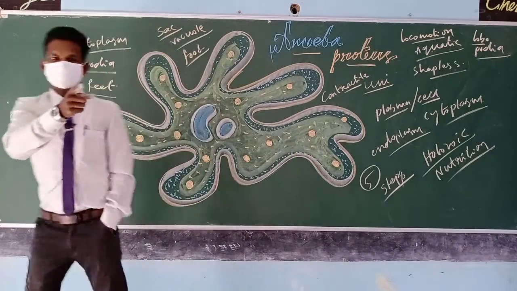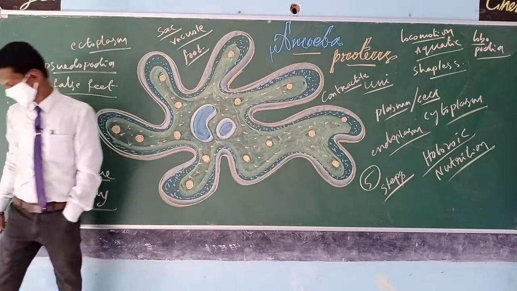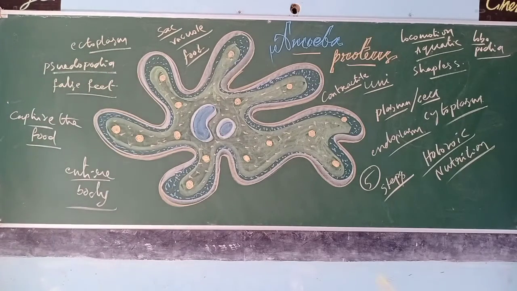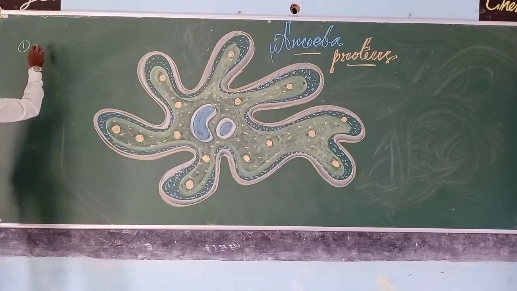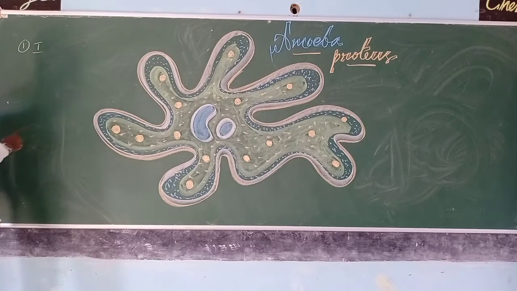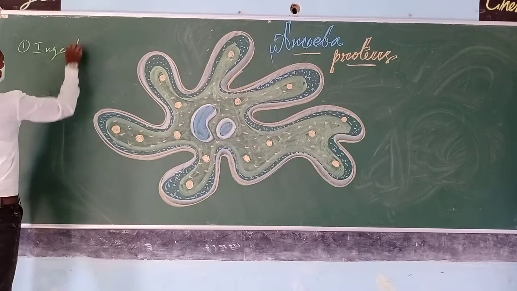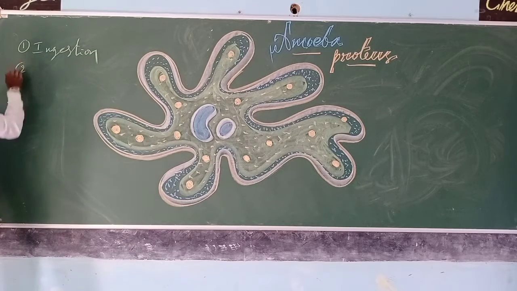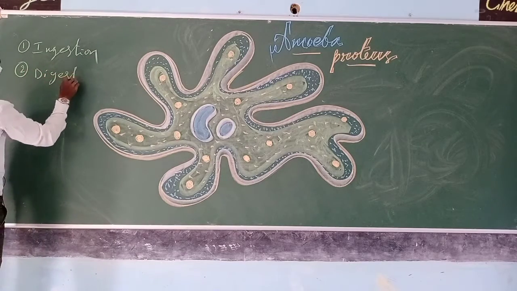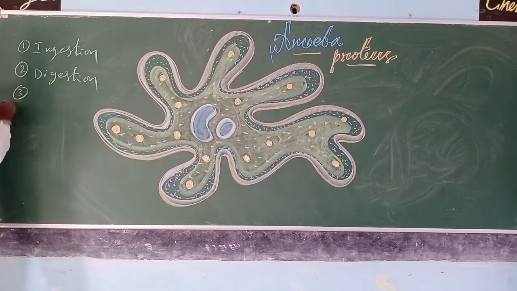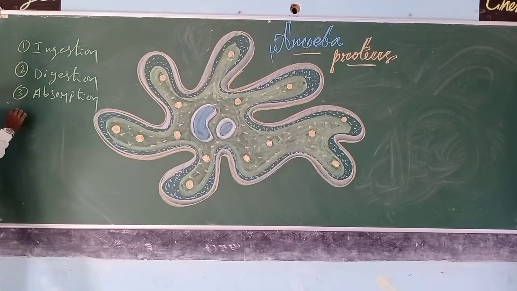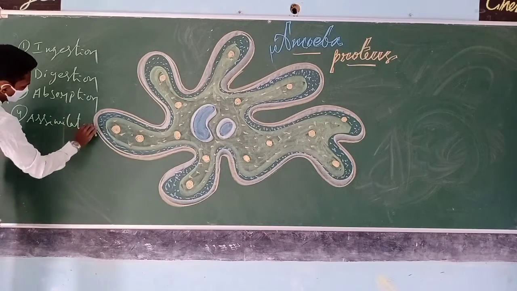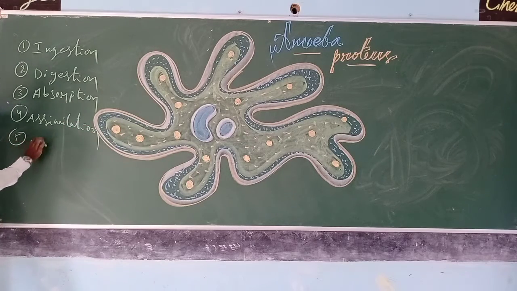So let's see what the five phases are. Step one involved in the holozoic nutrition of amoeba is ingestion, second digestion, third absorption, fourth assimilation, and the last one egestion.